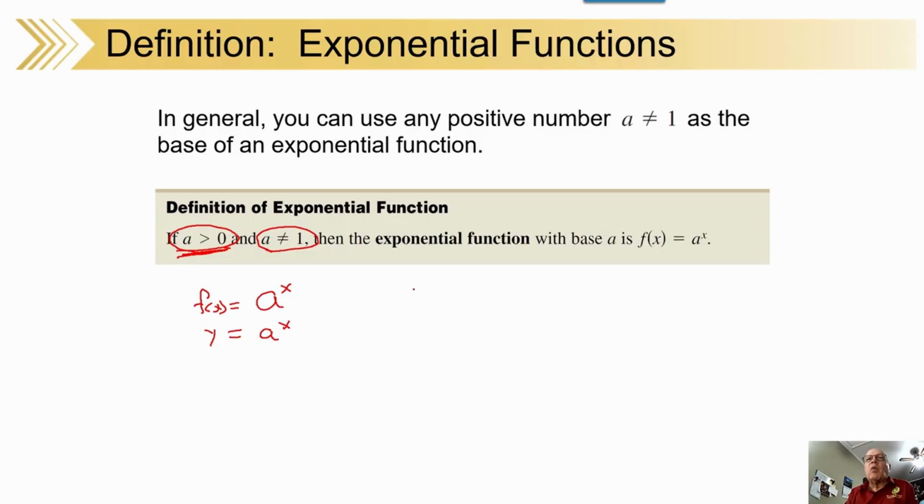So one example is, because that a is just a constant. It's not a variable, even though it might look like it. So maybe 7 to the x power, or maybe 13 to 2x plus 5. Those are 2 good examples of exponential functions.